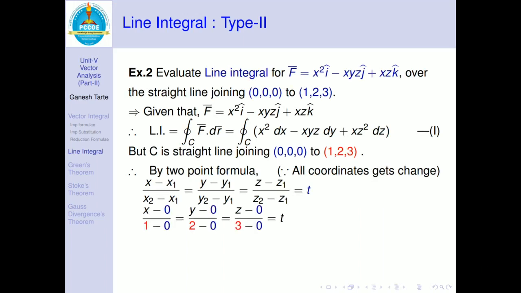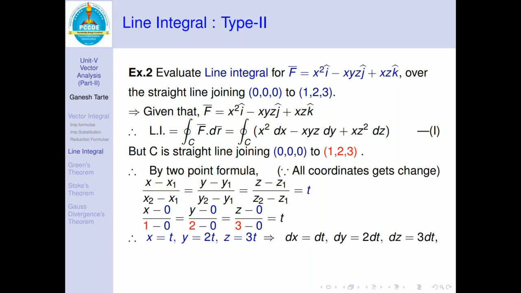On substituting the values, we get x by 1 equals t, that is x equals t, y by 2 equals t, meaning y equals 2t, and z by 3 equals t, meaning z equals 3t. These are the substitutions in terms of t. Therefore dx is dt, dy is 2 dt, and dz is 3 dt.